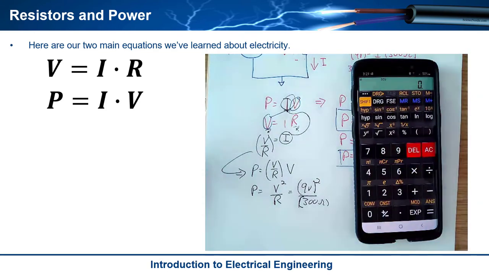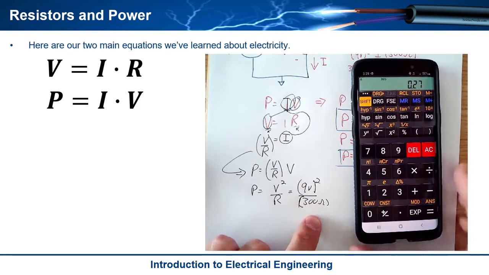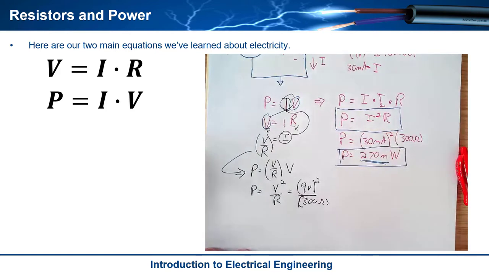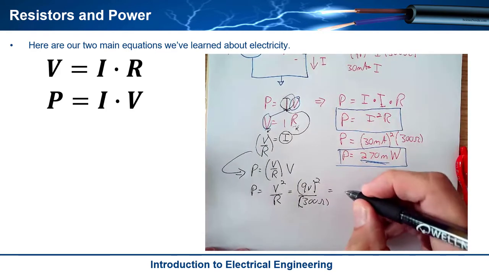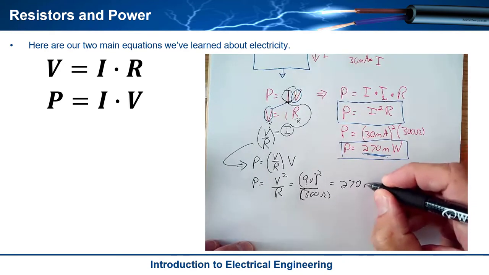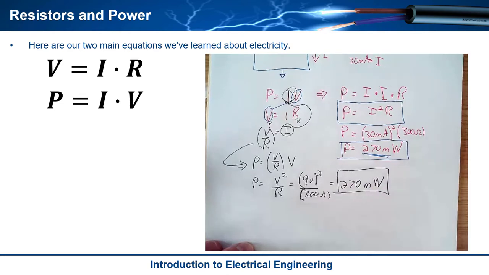So let's take 9 squared divided by 300, and lo and behold, I get 0.27 watts again. So P equals 0.27 watts, which the way we communicate is 270 milliwatts. All right, life is good.